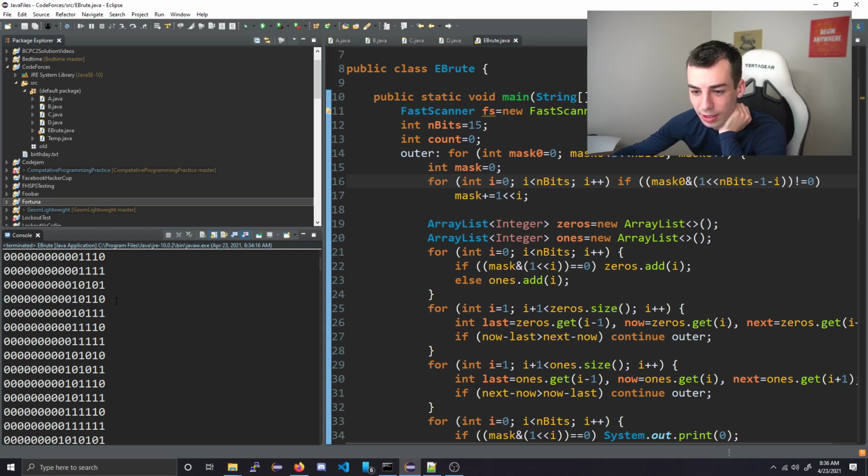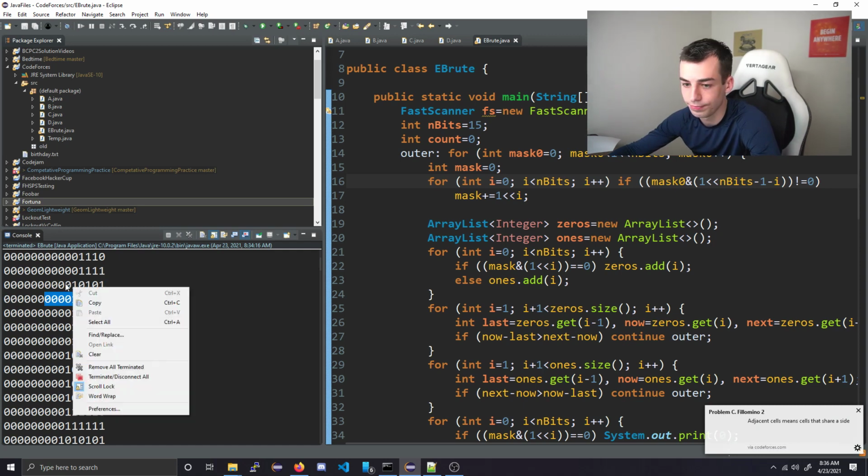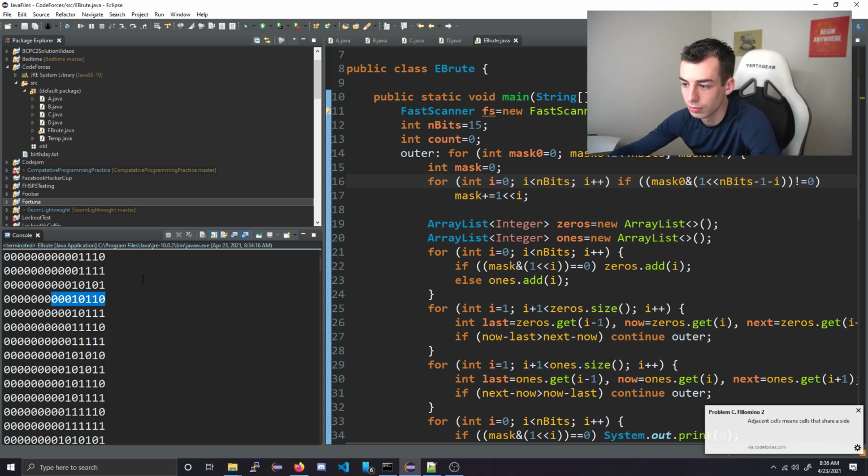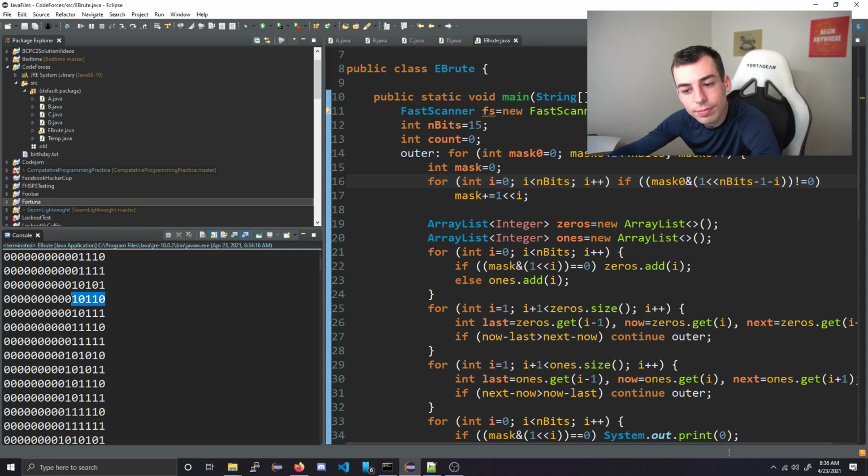This one extra 0, wait, why does this work? Okay, this is kind of wacky. You have a bunch of zeros. Can you have a prefix of 1010?